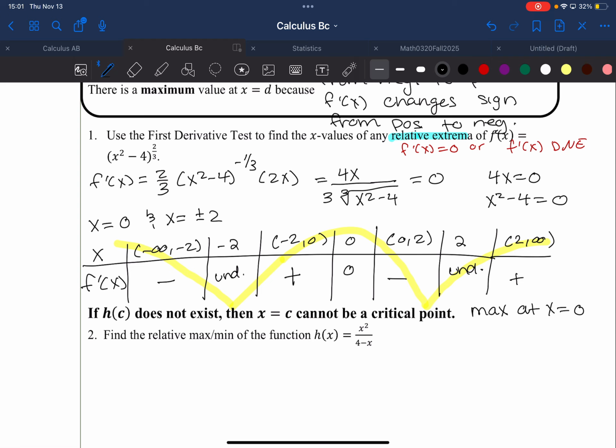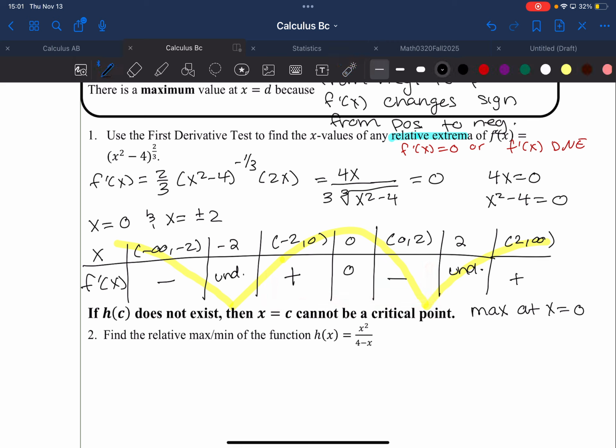Not because it's 0. It goes from positive to negative. So notice surrounding 0, we went from a positive to a negative. So our derivative changes sign from positive to negative. That's how I know it's a maximum. So I have to mention that in my justification.